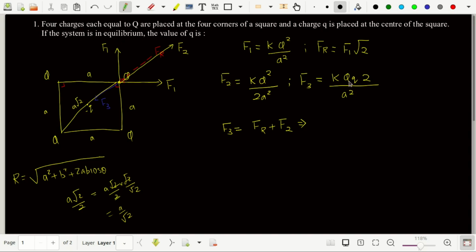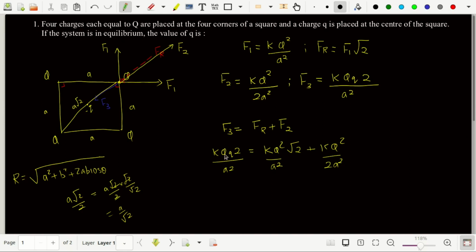So let's substitute the values and see what we will be getting. F3 is K capital Q small q over A square by 2, you write the expression for F3, and you have Fr, that is F1 root 2, and F1 has the value of K Q square over A square, and root 2, plus F2 has K Q square over 2A square.